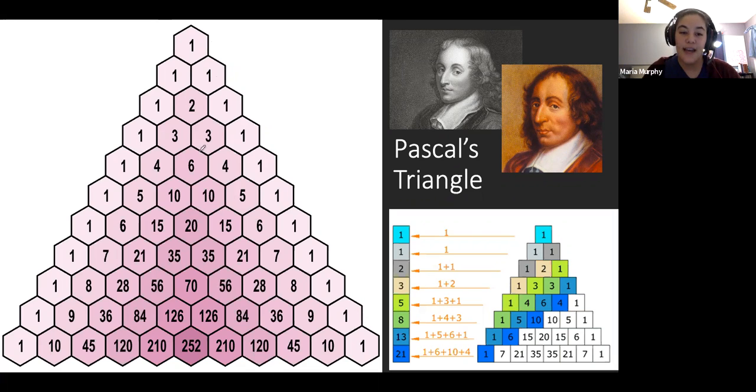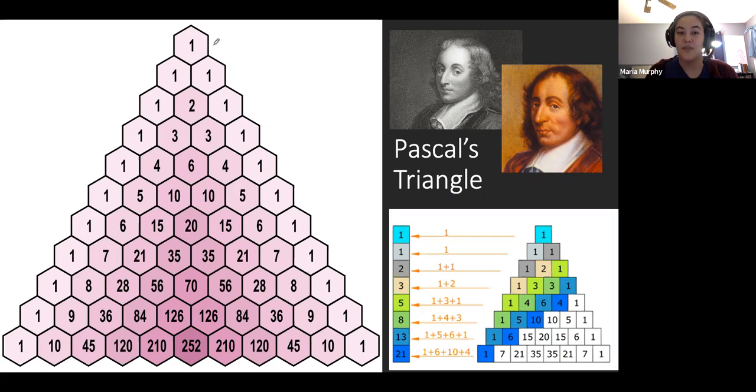The third diagonal is our triangular numbers, and our fourth diagonal is our tetrahedral numbers. So a lot of little cool things to learn from Pascal's triangle. Also, we can see that it's symmetrical. The numbers on the left side identically match the numbers on the right-hand side, kind of like a mirrored image, right?